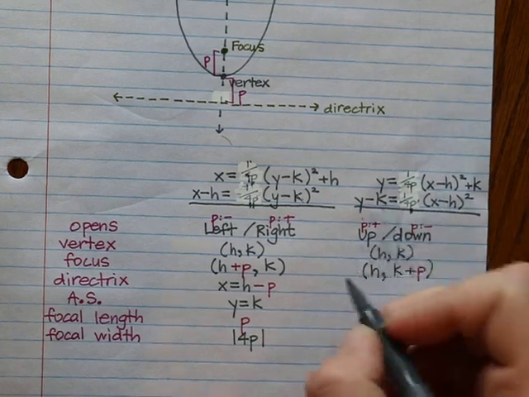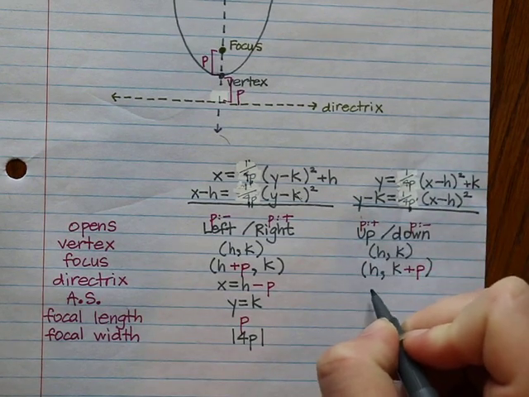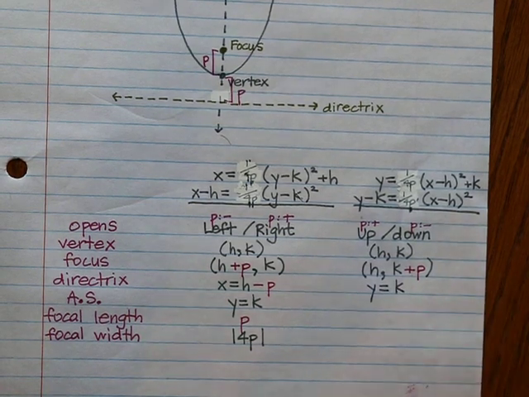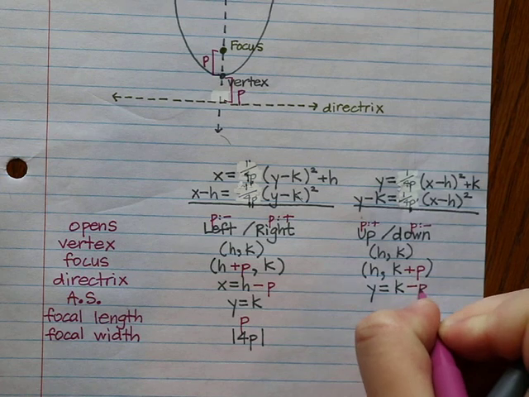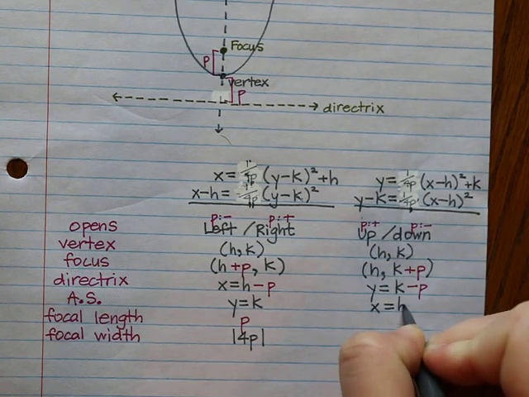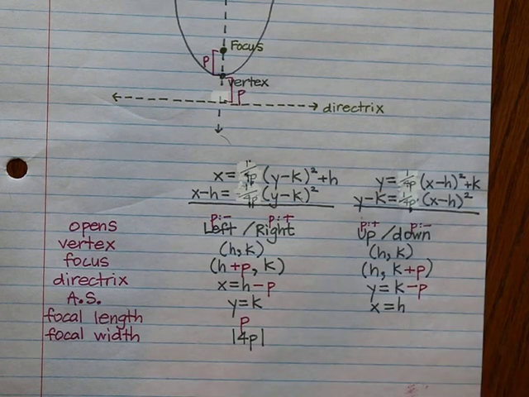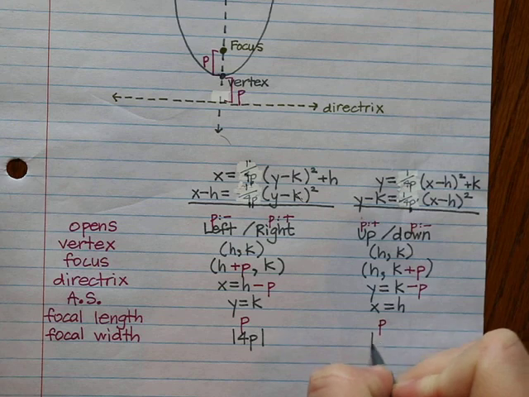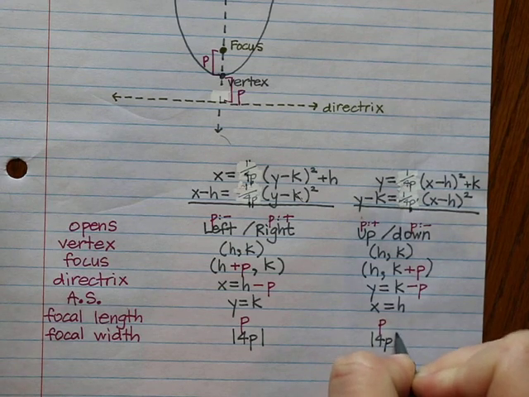Now as we keep going, our directrix is going to be y equals k minus p. The axis of symmetry, focal length is still p, and the focal width is 4p.